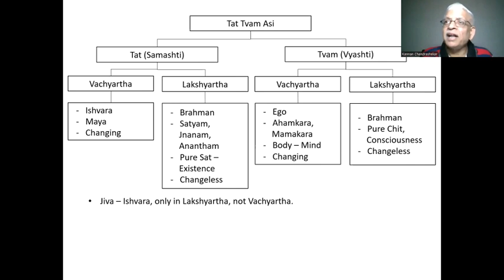It teaches me that I am the immortal Jiva, which is neither born, nor will it die. Najayate mriyate va kadachit, the 20th verse of chapter 2 of the Bhagavad Gita, is the Lakshyartha. It teaches me I am the consciousness principle, the changeless consciousness.